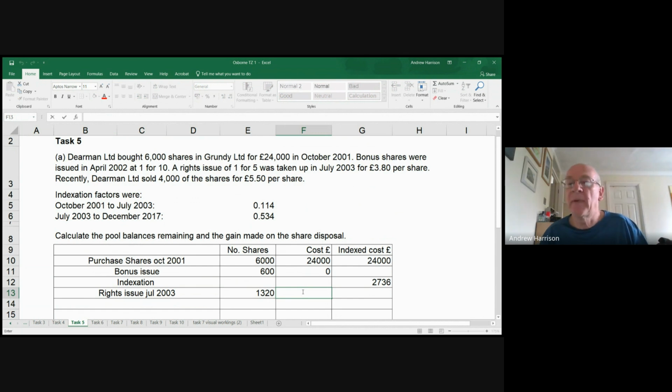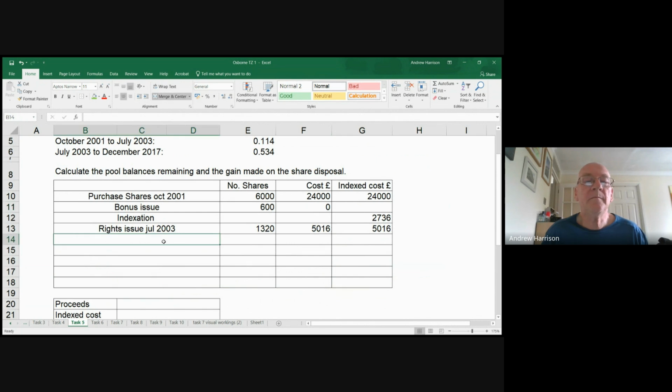We know that they paid £3.80. So 1,320 times 3.8, 5,016. We'll put that in the column. And then those will get pooled 10 days later.